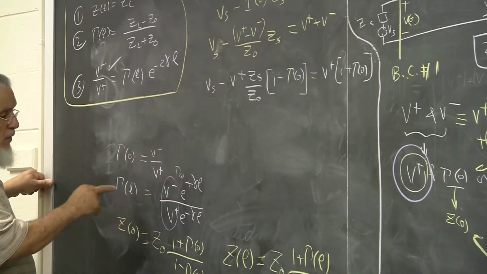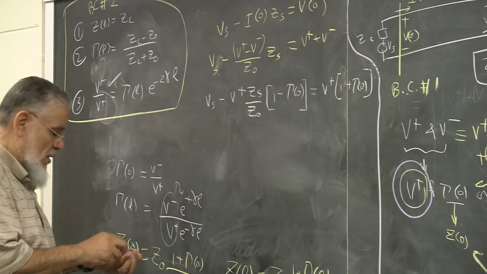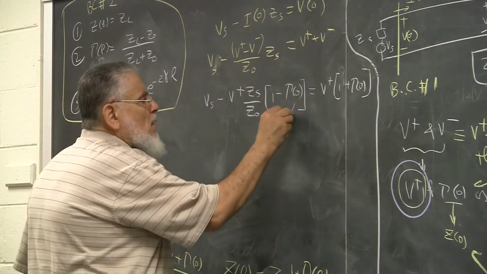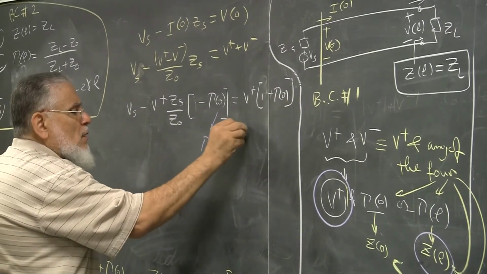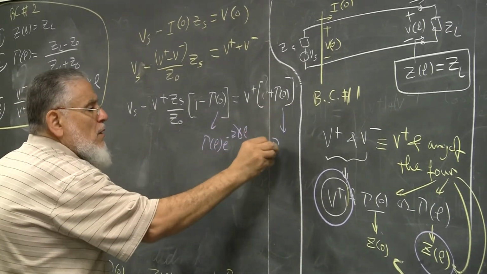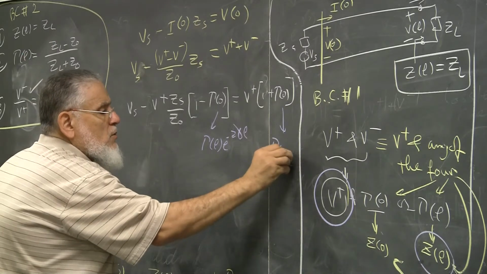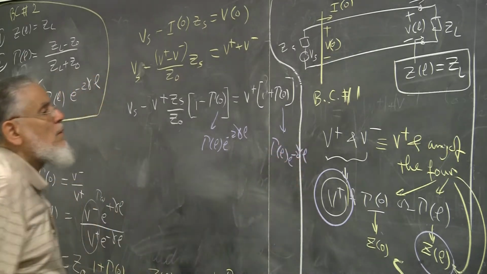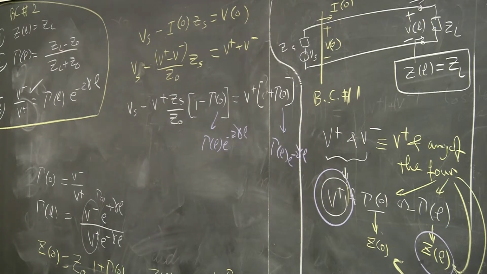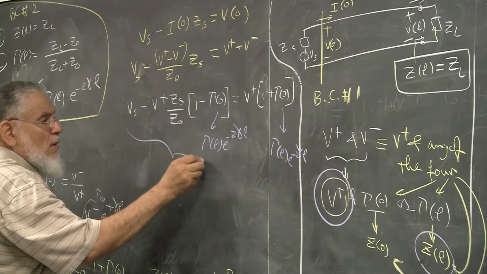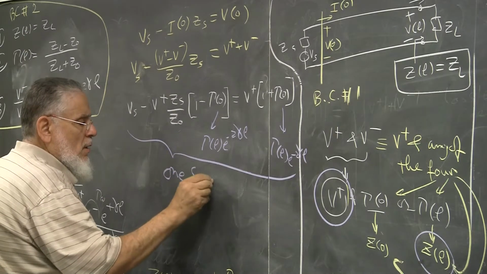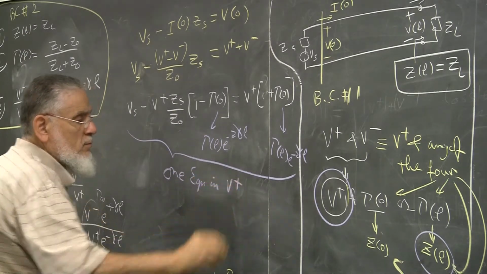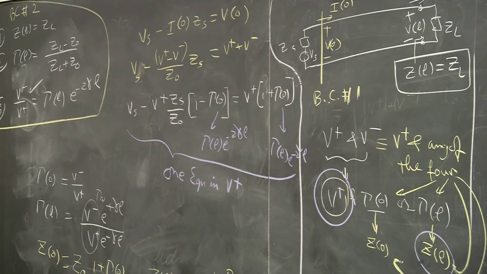So it's equal to gamma of L e to the minus 2 gamma L. This is now one equation in V plus, because gamma of L is right there.